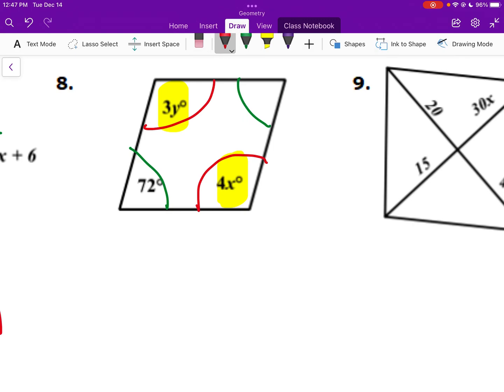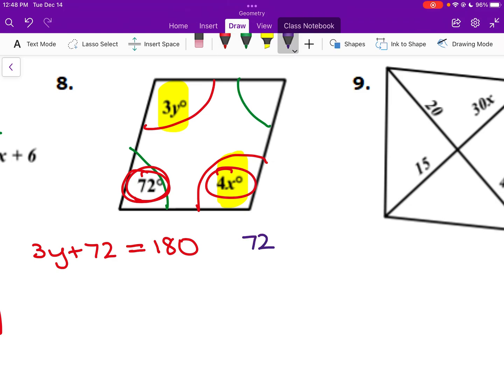So the 3y plus 72 have to add to 180 because they're consecutive angles, right? So they have to be supplementary in a parallelogram. So I could build this equation here. And I also know that the 72 and the 4x have to be supplementary. So my second equation is 72 plus 4x equals 180. And I've built two equations which would yield the value for both of my variables.